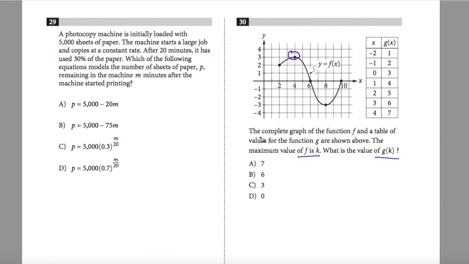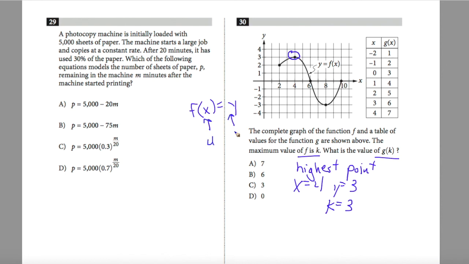Well, once again, I see from my graph that the highest point is where x equals 4 and y equals 3. That means that if the maximum of f is k, then k equals 3, because f of x is really representative of y. So when x equals 4, y equals 3.